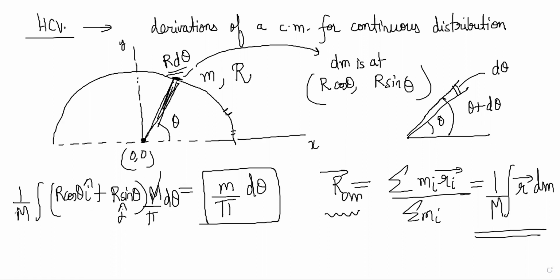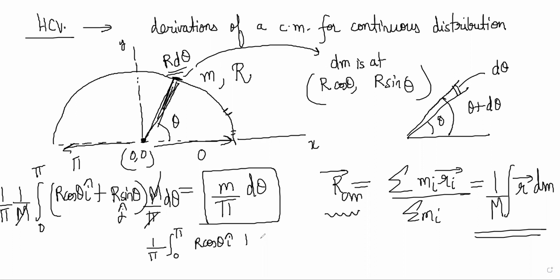So m will cancel here, and 1 by pi will come out. Theta will vary from 0, on this side, to pi, on this side. So we are getting 1 by pi integral 0 to pi of r cos theta i cap plus r sin theta j cap.